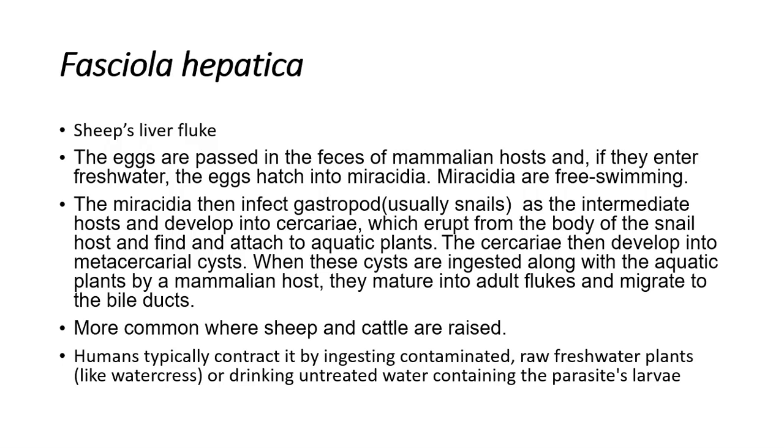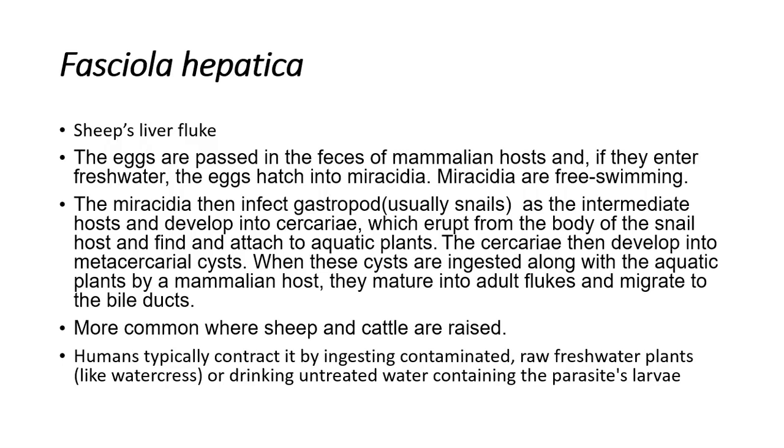And you can look at, they're ingested. These little cysts that are in the water are ingested along with the aquatic plants by the sheep or the cattle. So what's happening is these eggs are passed in the feces of the cow that is infested. They're pooping in the water as they walk through.